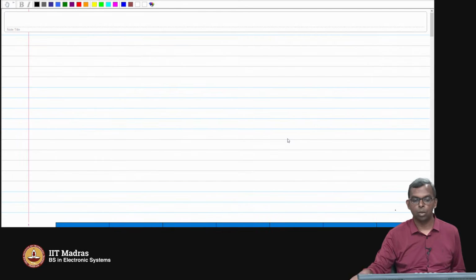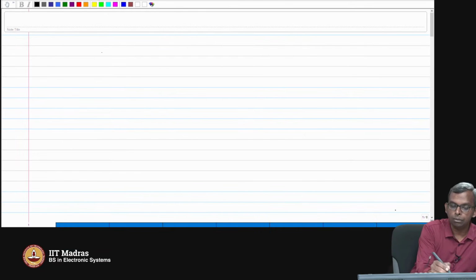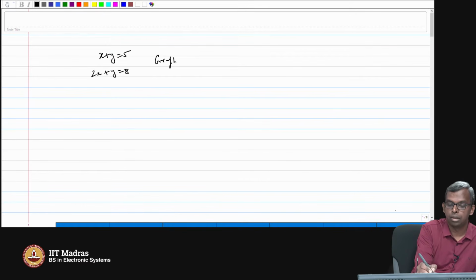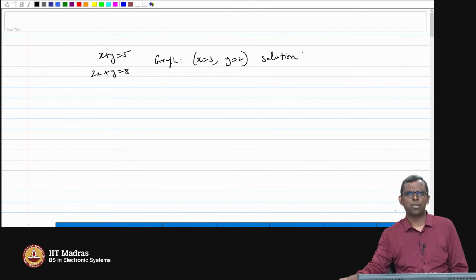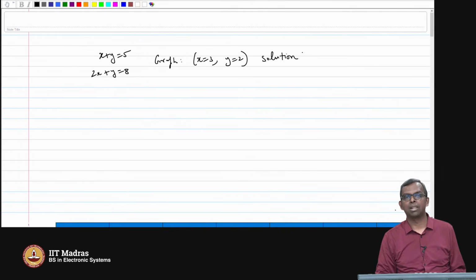Let me note that down here. X plus y equals 5, 2x plus y equals 8. On the graph, we find x equals 3, y equals 2 as a solution. Easy enough, no? This seems like a very nice simple graphical method.